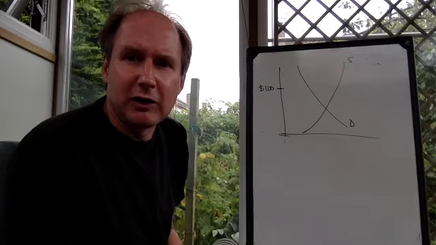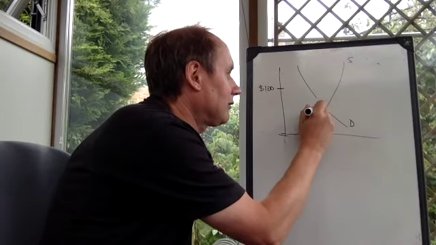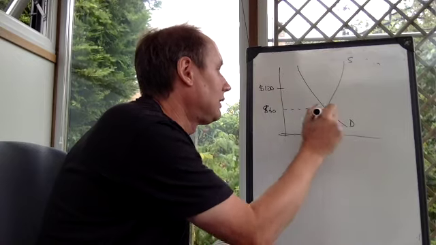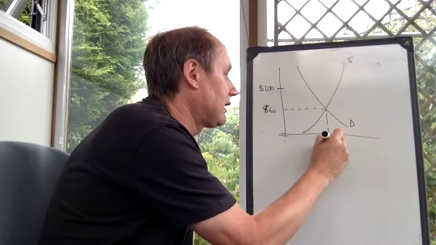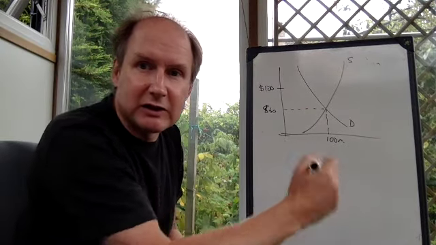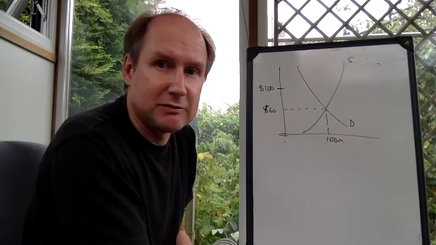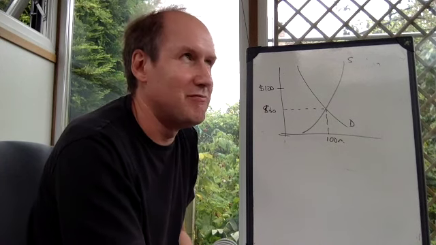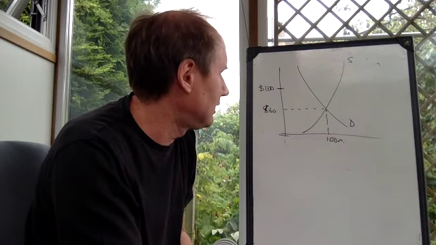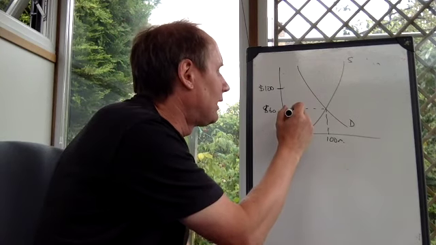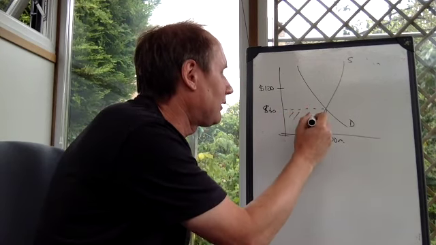In a free market, the price would be here at, say, $60, and quantity would be, say, 100 million. So normally, producers would be receiving 60 times 100, which is 6 billion dollars, which can be represented by that area here.